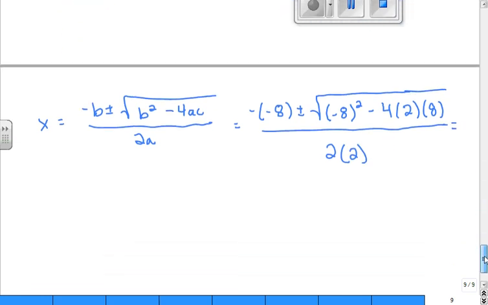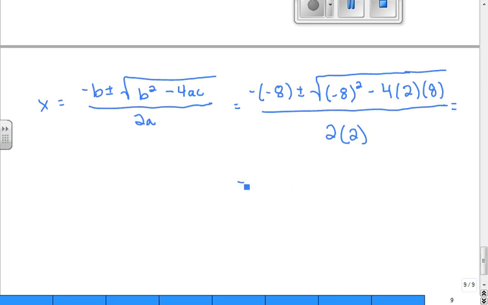Okay, so what does this equal? Well, a negative times a negative is a positive, so we have positive 8 plus or minus the square root. Negative 8 squared is negative 8 times negative 8, which is positive 64. 64 minus 4 times 2 is 8, and 8 times 8 is 64. So we have 64 minus 64 all over 2 times 2, which is 4.